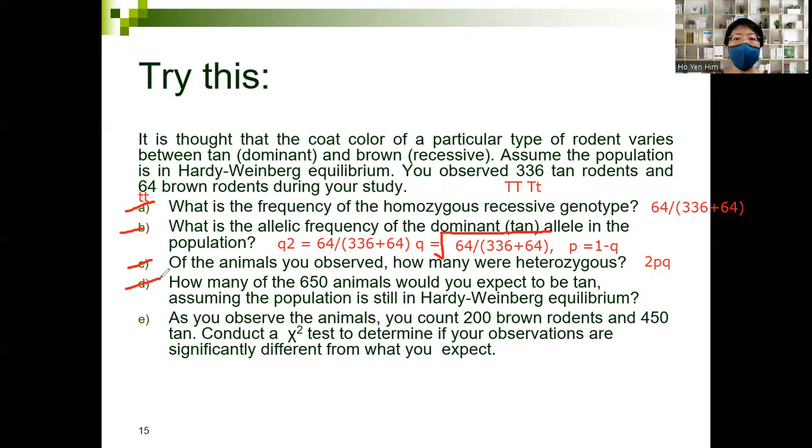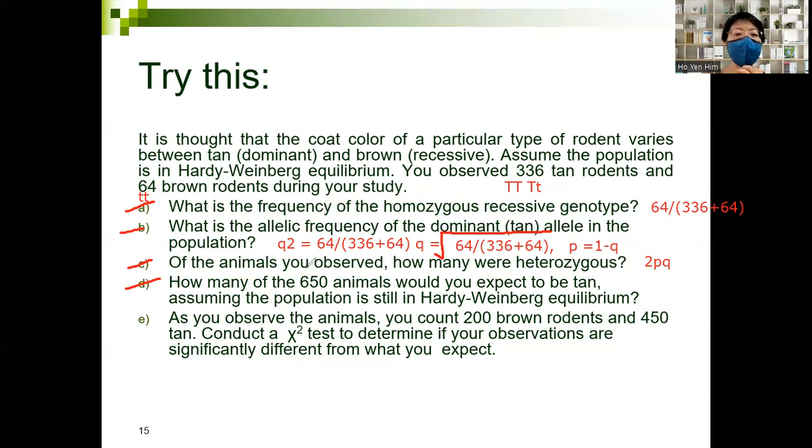D. How many of the 650 animals? Do we have 650? Oh, okay. This is a different generation already. How many of the 650 animals would you expect to be tan, assuming the population is still in Hardy-Weinberg equilibrium? So this is another generation, because the total number is 650. The original number is actually 400.